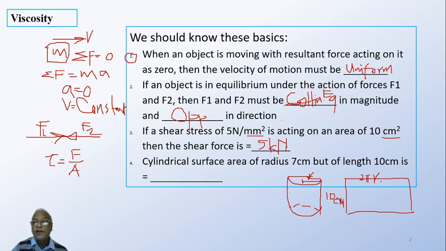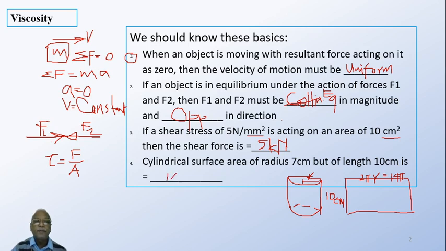So 2 pi into 7, that is 14 pi, would be the length. Width is 10. So the area becomes 14 pi into 10, that is 140 pi, and the units become centimeter and centimeter we are multiplying.